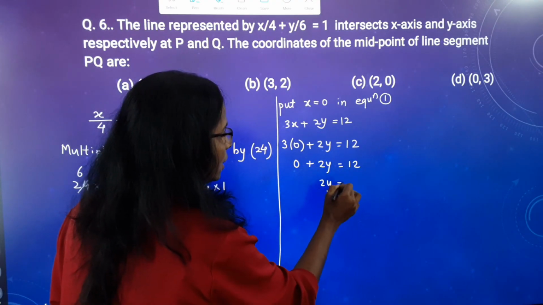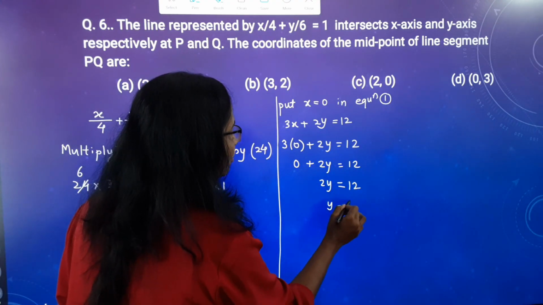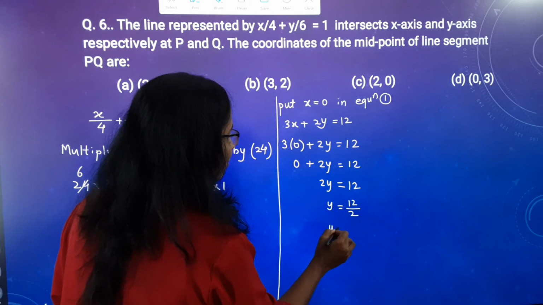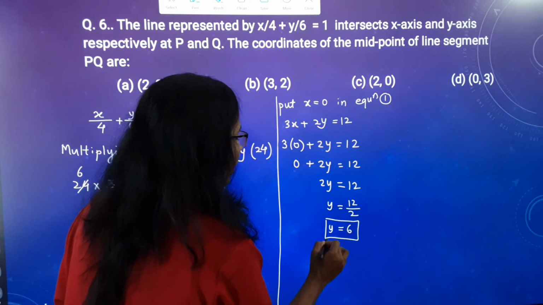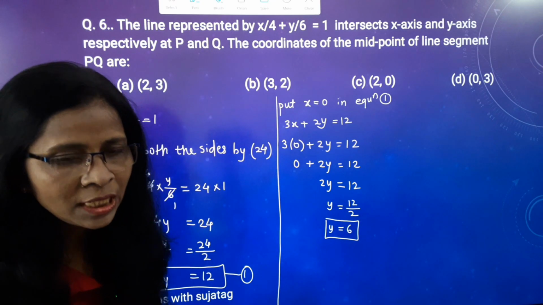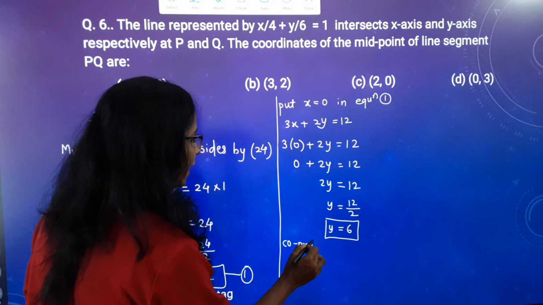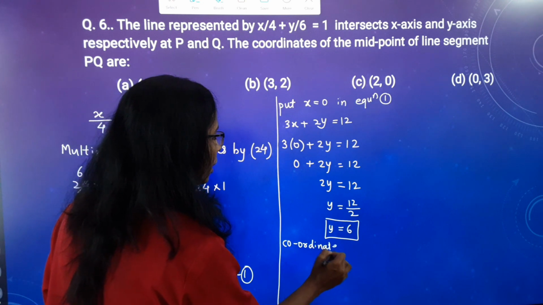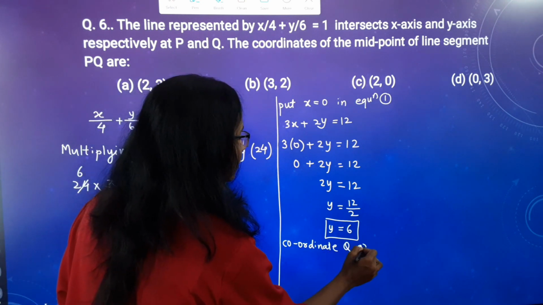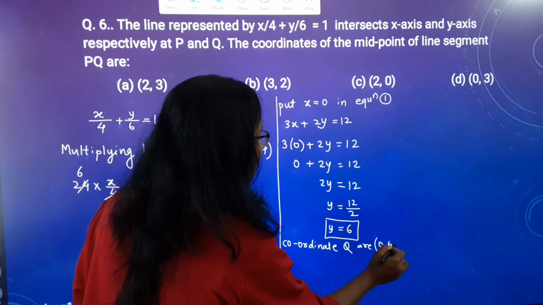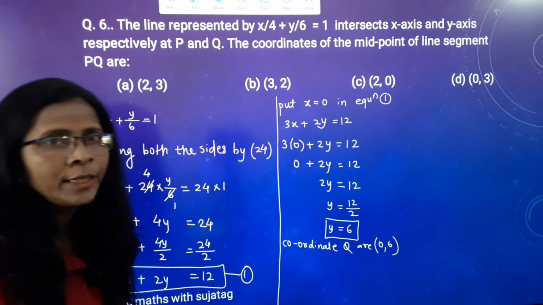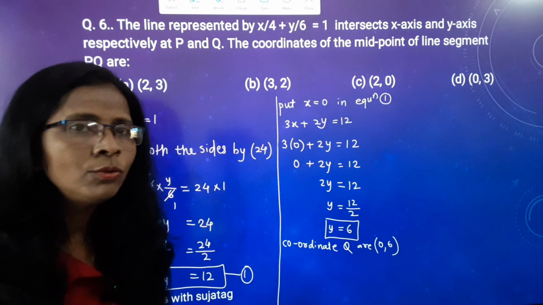So 2y is equal to 12, that means y is equal to 12 upon 2, that means y is equal to 6. So the coordinates of Q are (0, 6).